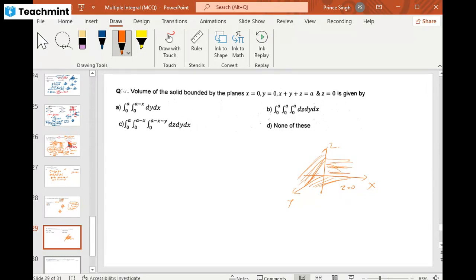The plane x plus y plus z equal to a will meet the xy plane at z equal to 0. It meets the x-axis at the point where y and z are 0, that is at the point a 0 0, the y-axis at the point 0 a 0, and the z-axis at the point 0 0 a.